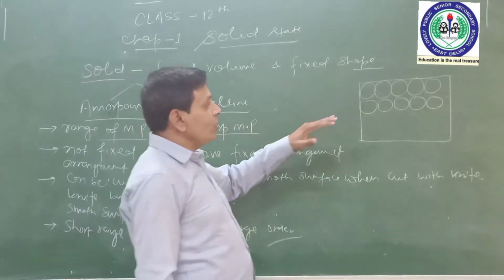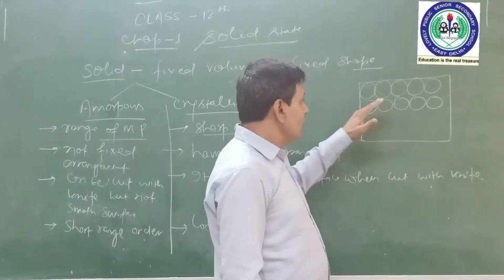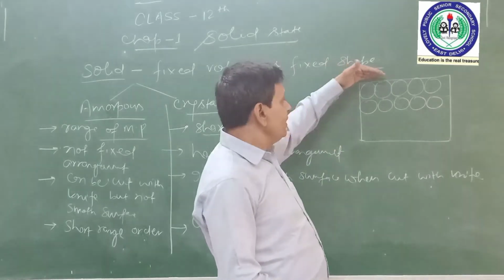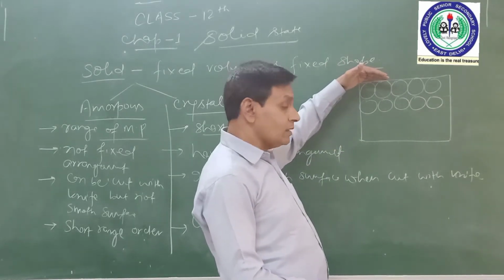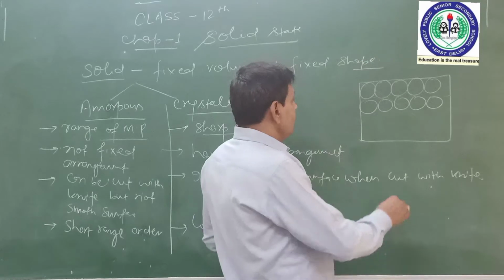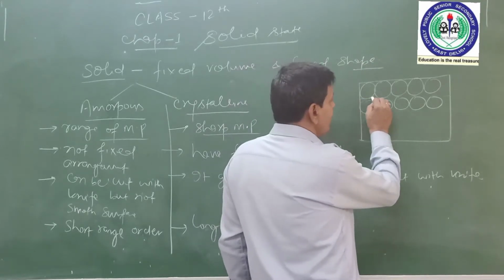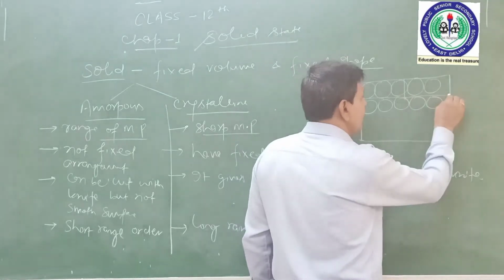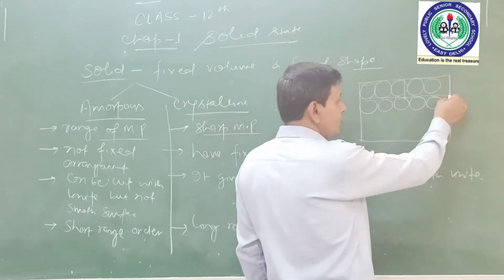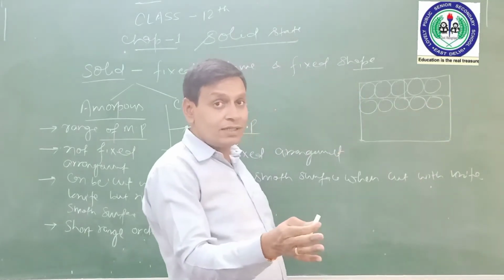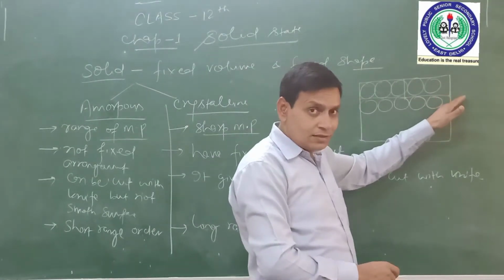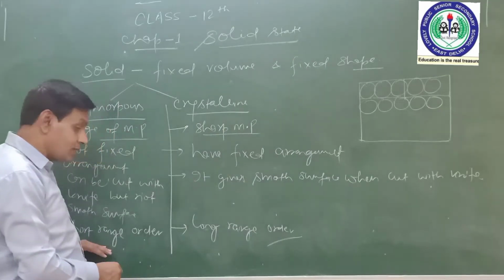If you again think about this example, if it is an amorphous solid, take a 1 centimeter or 1 millimeter cross section area. If the same type of arrangement is repeated in another 1 millimeter, that will be crystalline. But in case of amorphous, the arrangement will be changed. That's why this is called short range order.